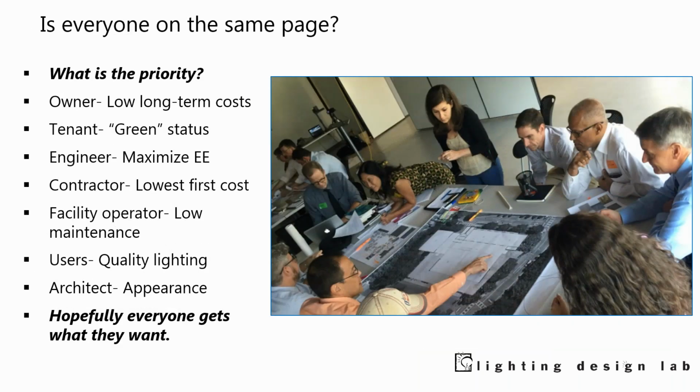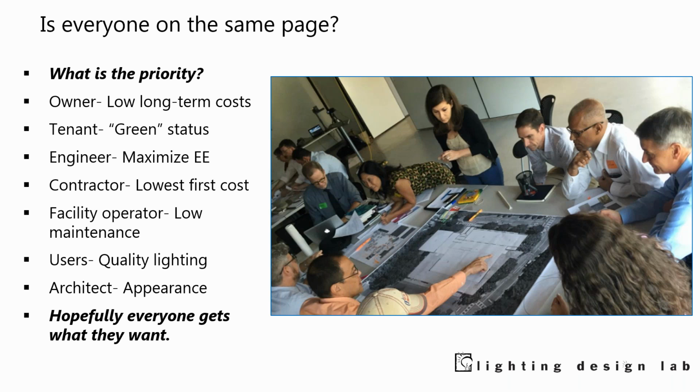And related to that is a concept of what are the priorities for the different stakeholders and the different people. Especially if you're doing a large project, there's going to be all kinds of people involved. There'll be an owner, usually. They may not be that involved, but they might be, and they're usually looking at low long-term costs.